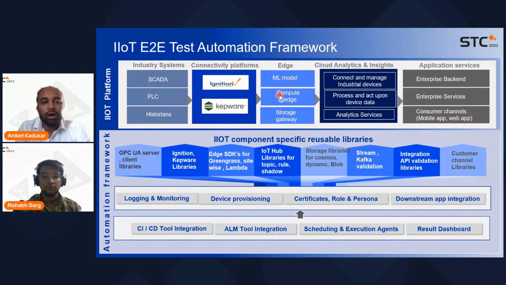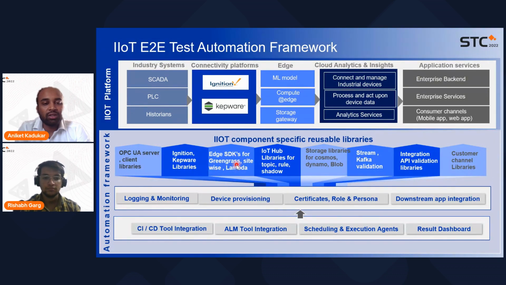We will show you the demo of how it actually works. This whole IIoT platform uses different kinds of libraries too. It is an expansion of the IoT framework that we have developed. So right now we are using OPC server client libraries, Ignition and Kepware libraries.